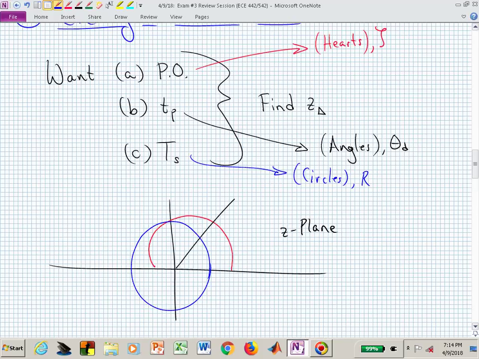Settling time circles, logarithmic spirals, percent overshoot or hearts, and time to peak angles.